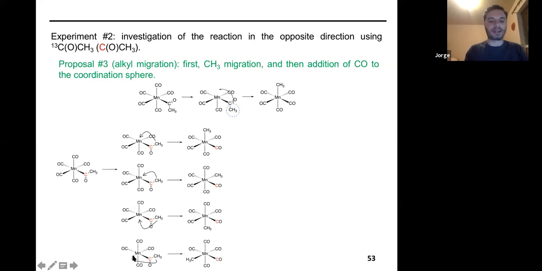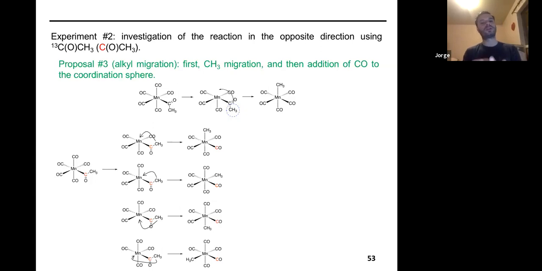And the fourth possibility is to lose the carbon monoxide in this position over here, creating a vacant site in that position. The CH3 will migrate over there, and that will produce again a hexacoordinate complex where CH3 and carbon monoxide are cis to each other.